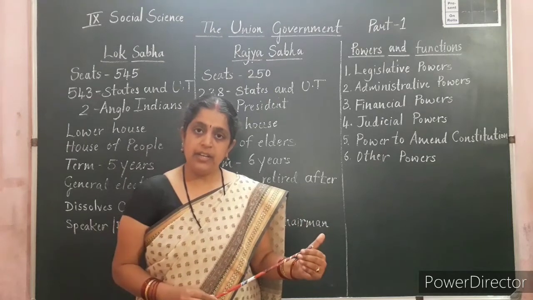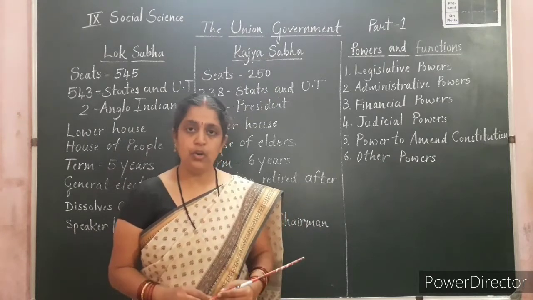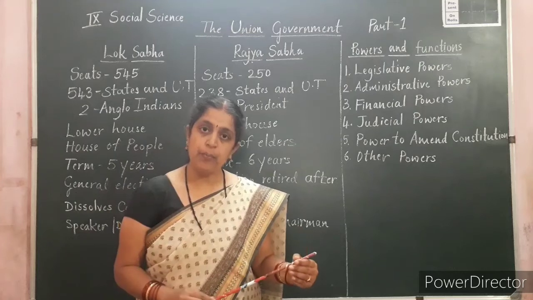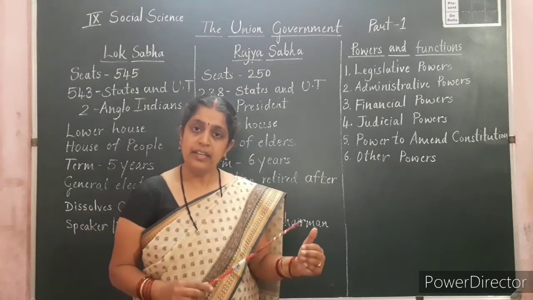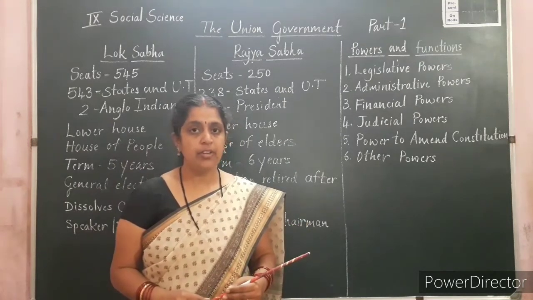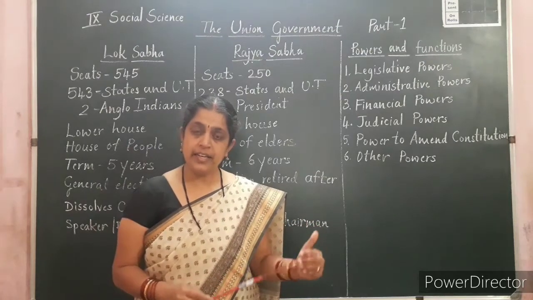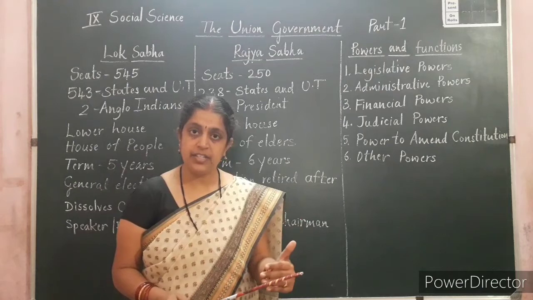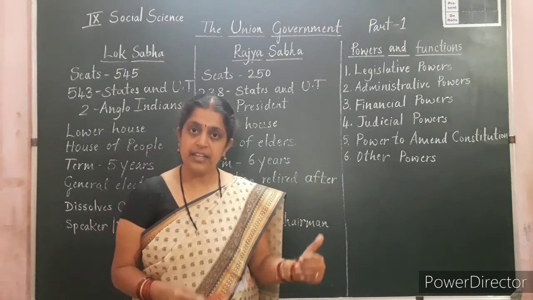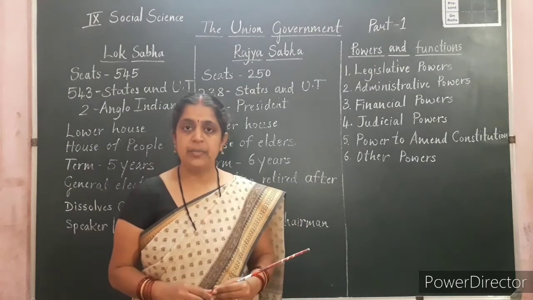The financial bill is presented first in the Lok Sabha. After the approval of the Lok Sabha, it is sent to the Rajya Sabha for further discussion. The Rajya Sabha can send suggestions and directions regarding that bill to the Lok Sabha.